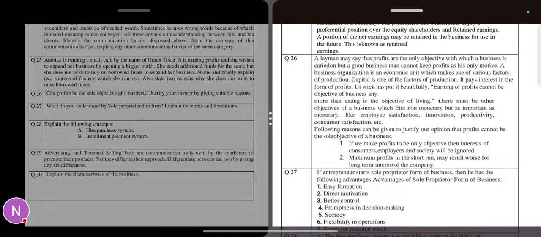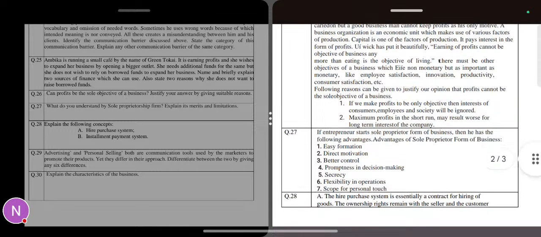Profit cannot be the sole objective of a business. If we make profit the only objective, then the interest of consumers, employees, and society will be ignored. Maximum profit in the short run may prove worse for the long-term interest of the company.